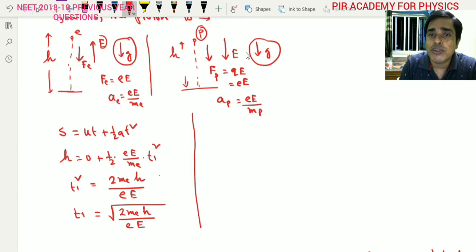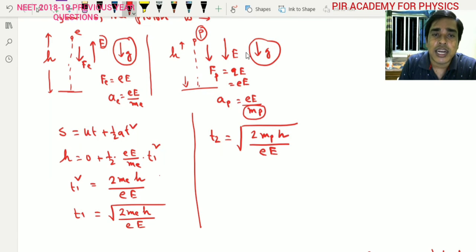Here the calculation will be the same, only the mass is different. So T2 will be root over 2 m of proton h divided by eE, because the charge of proton and electron is the same.